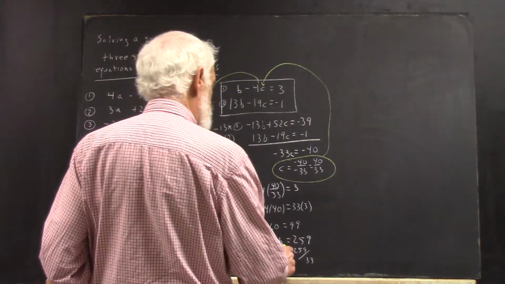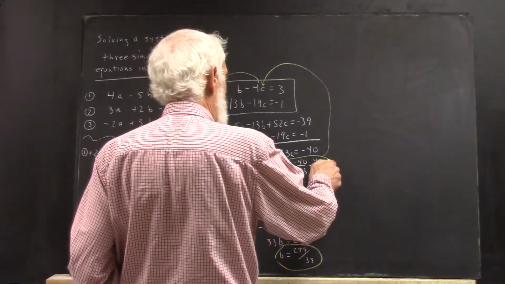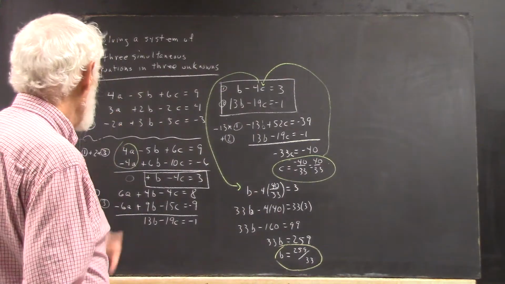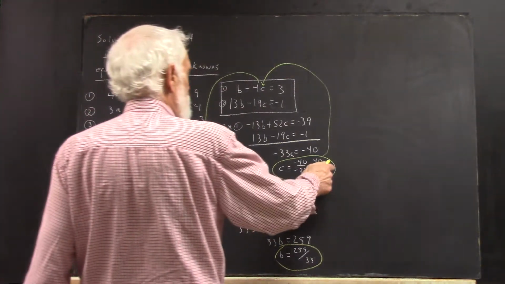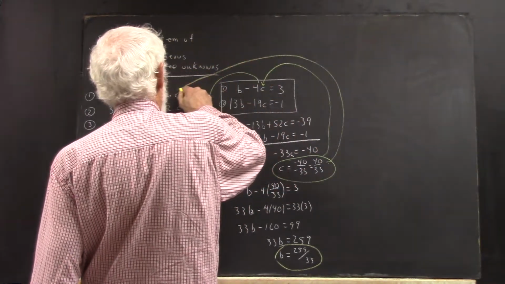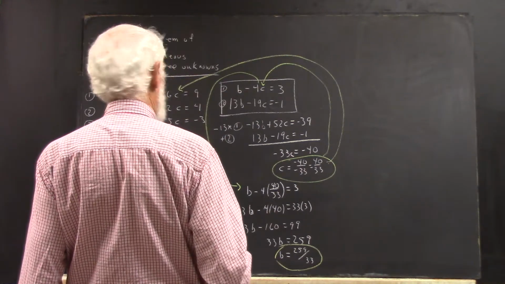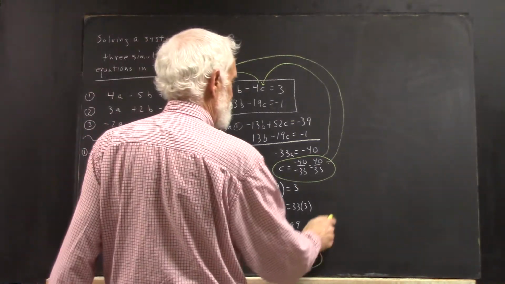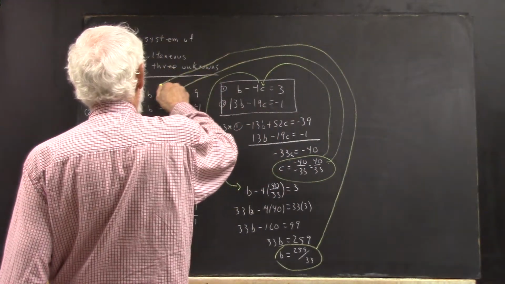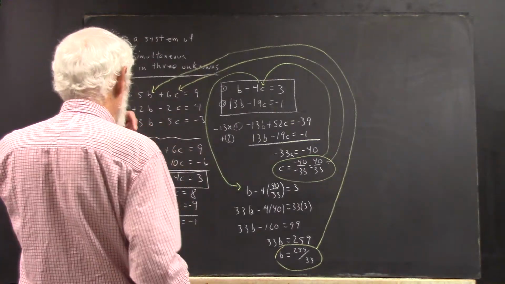What we do next is we take this value of b and this value of c, and we plug it into any one of our three equations. So I'm going to plug this in here, and I'm going to take this one and plug it in for b.